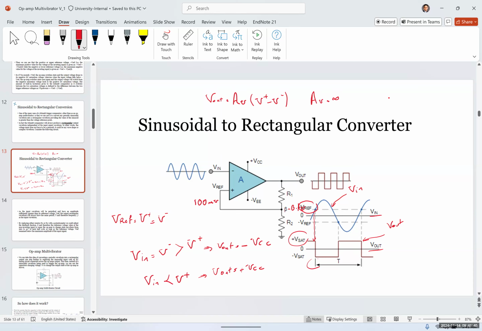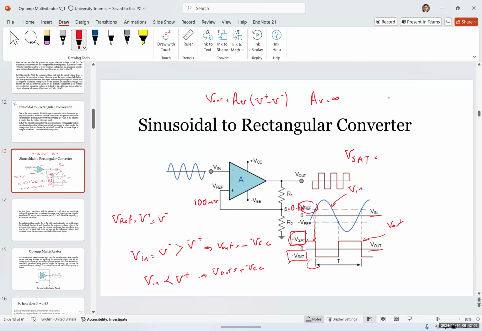So why do we have V saturation positive and V saturation negative here, and not positive VCC and negative VEE? The reason is that in reality, V saturation is usually 1 or 2 volts less than VCC.